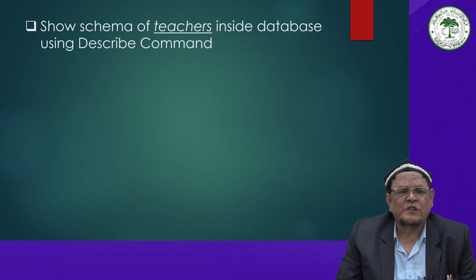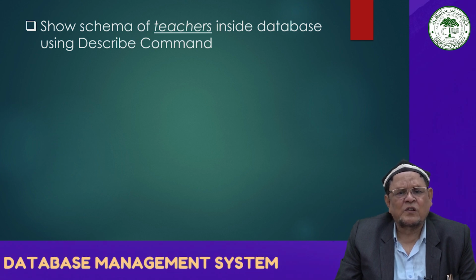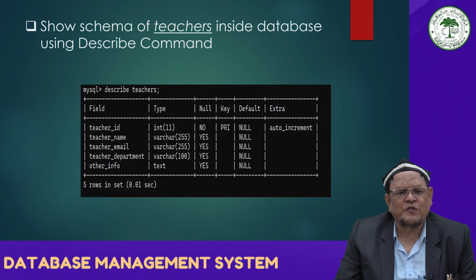Then you want to see the schema of teachers, so you have to write the describe command. In MySQL you write describe teachers. It will display, and you can see on the screen field, type, null, key, default, extra.